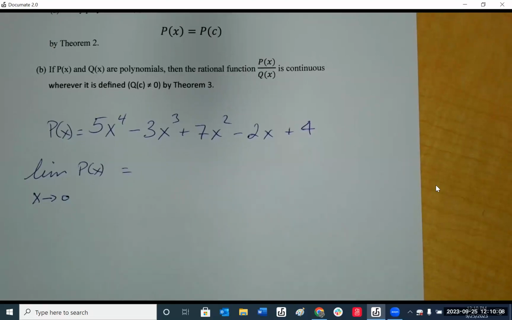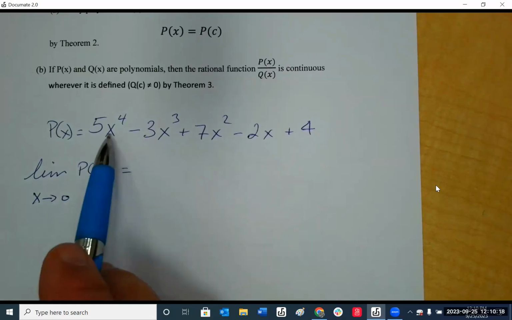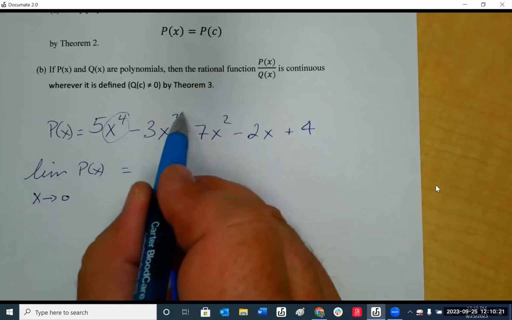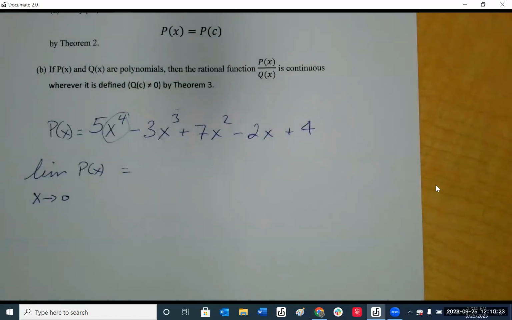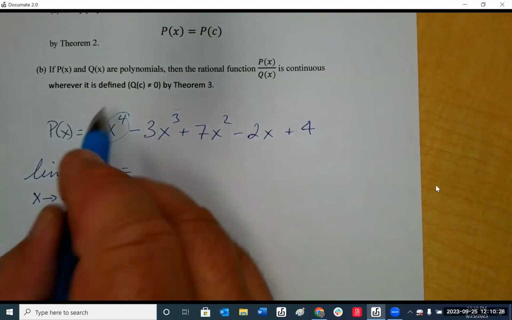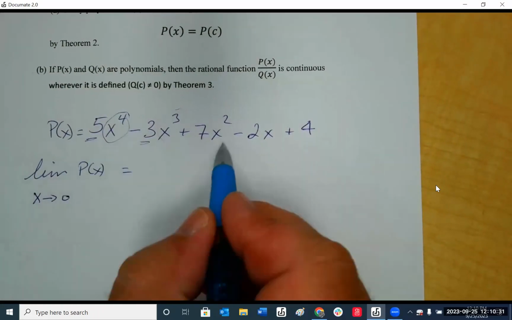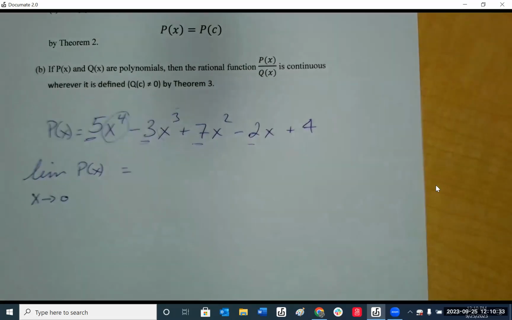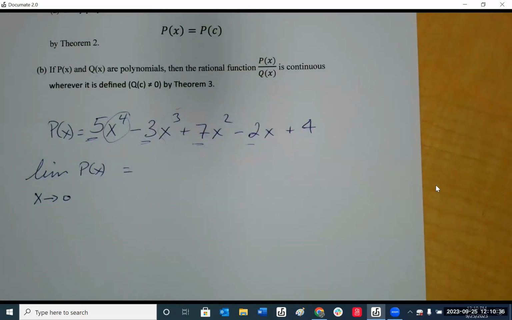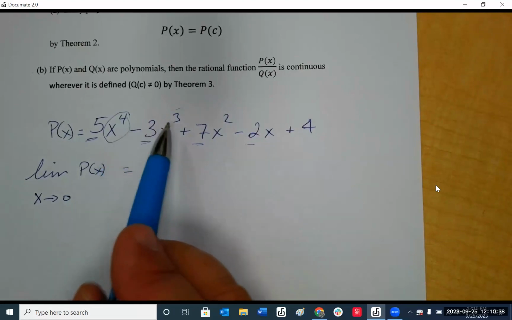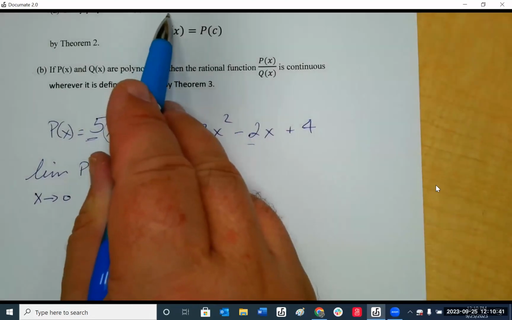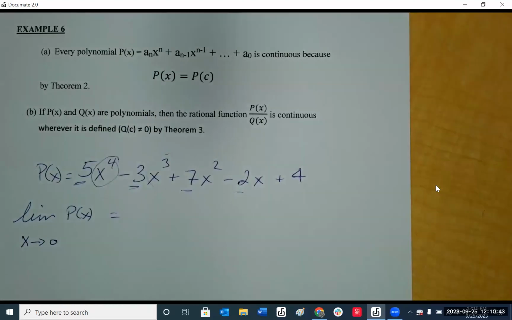Are there any polynomials you could think of that would be discontinuous? No, because the only thing that can make it discontinuous would be in the denominator, and the x's are all in the numerator and they just have powers. So no matter what your coefficients are, whether they're radicals, rationals, or integers, it doesn't matter. It's just the x that matters, and x's are always x to some power.